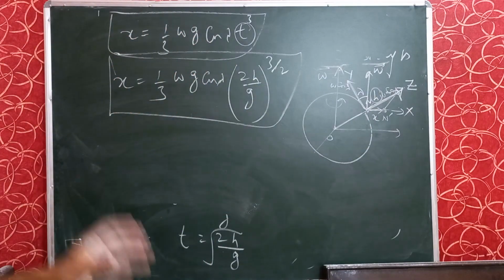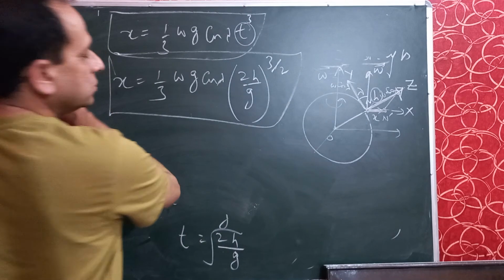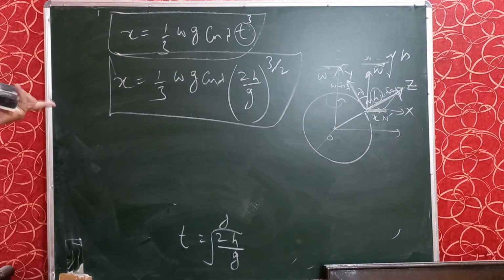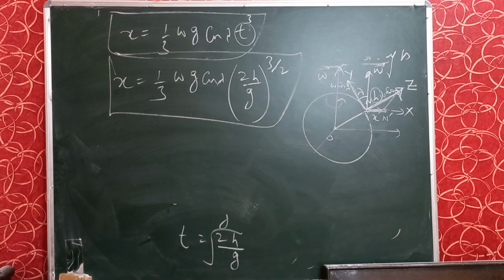So the distance between n and n dash is x, because this x is derived from the Coriolis force. So Coriolis force affects the displacement or actual motion of the body. So this is displacement. In this way, there are so many other effects of Coriolis force as well.